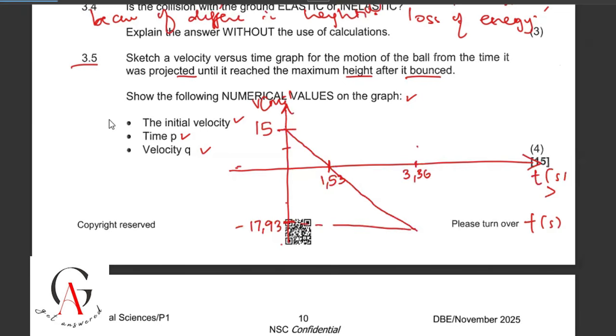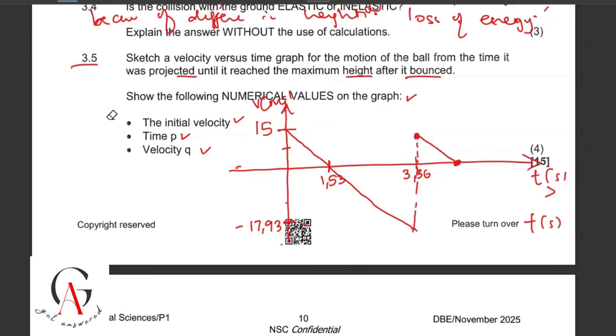And then at this point, there is a bounce, which is starting from a certain height. And we know that the velocity with which it's going to leave the ground is going to be less than 15. So I can start it from there and then connect it to that point. So this is the point where it is reaching the maximum. I can take this out, and that is how we're going to have our graph.